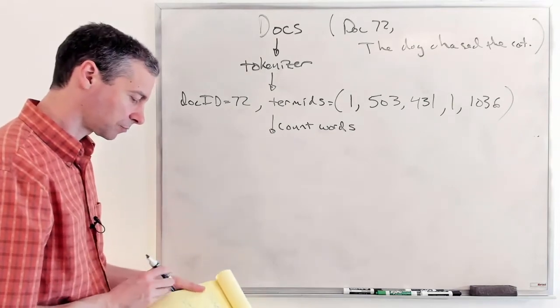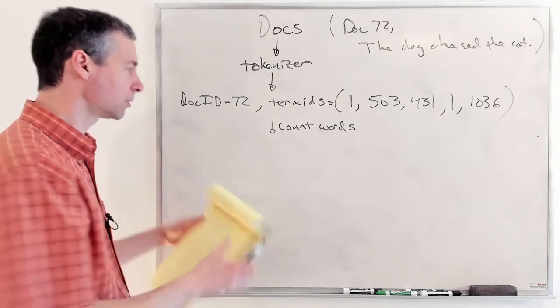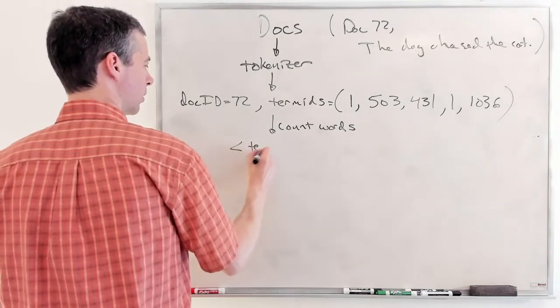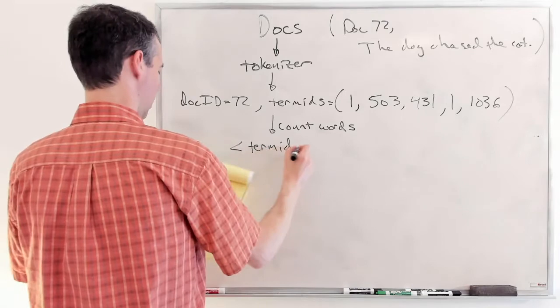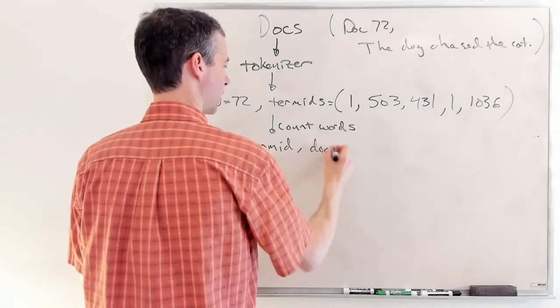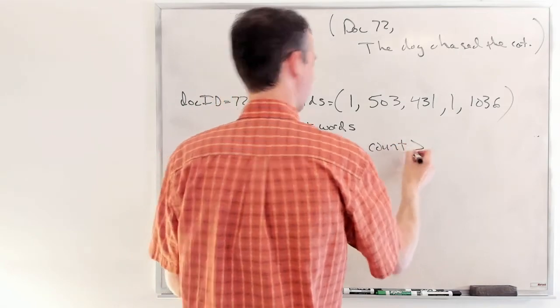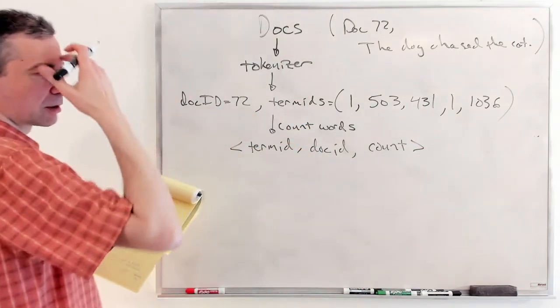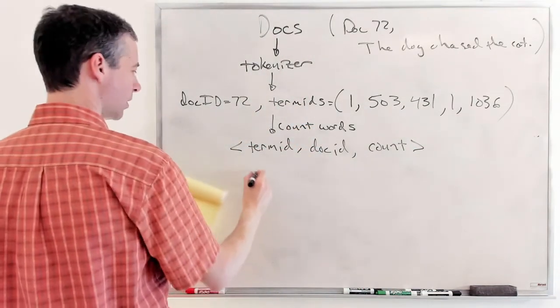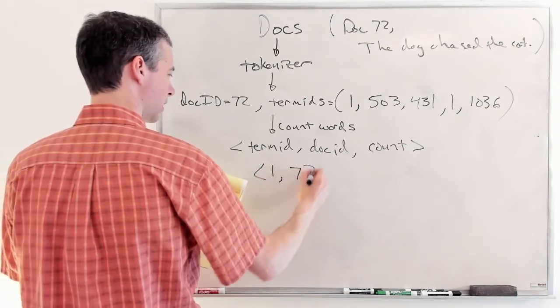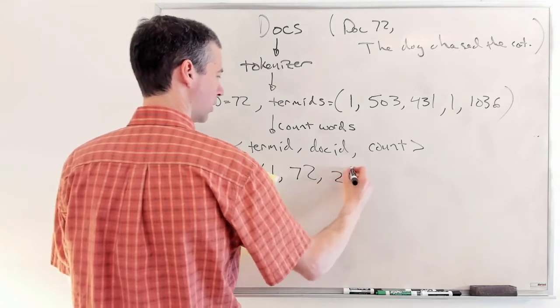All right. So what we do is we produce a stream out of here of tuples, which are term ID, doc ID, and then the count. And so for this little example, what we would be streaming out to the disk is a tuple 1, 72, and 2.